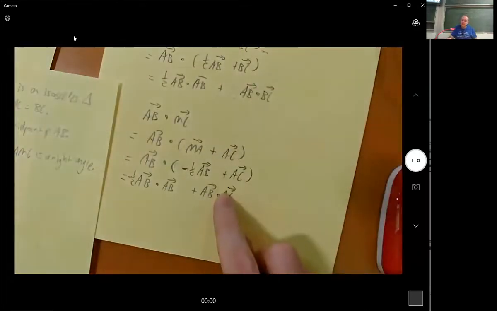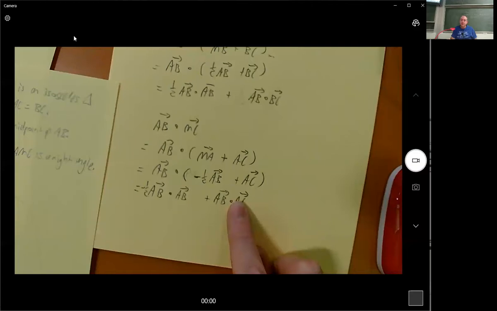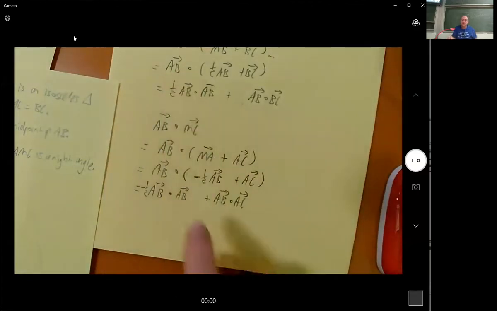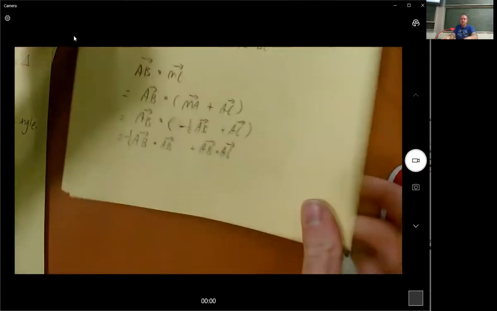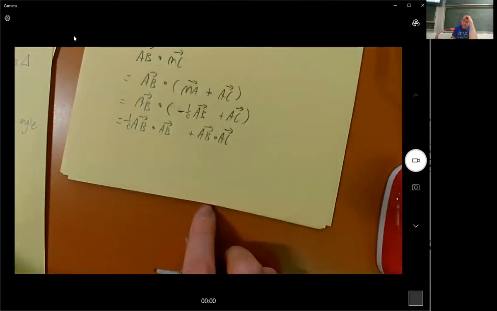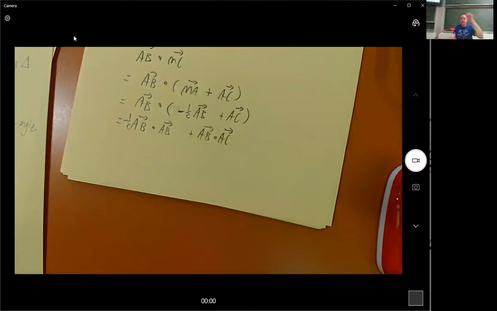These two are the same, which means these two are the same. Yeah, almost there. I'm nearly there. I'm doing so well.